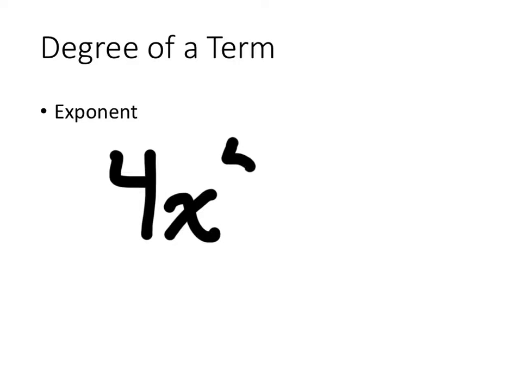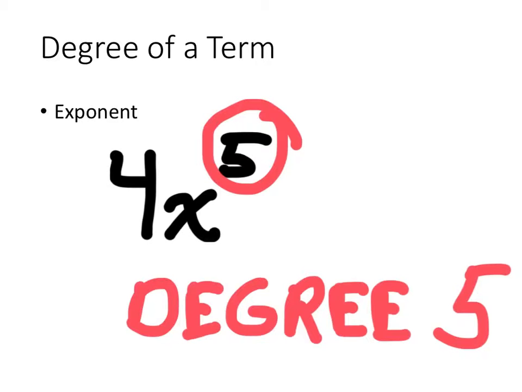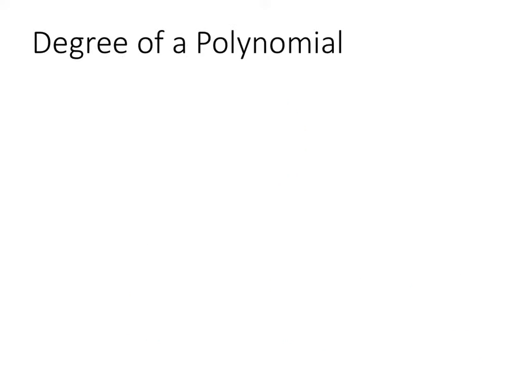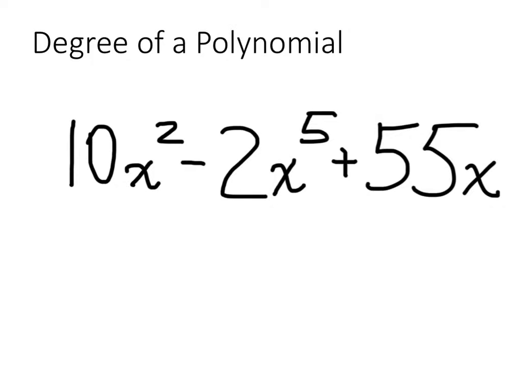The degree of a term is its exponent. For example, the term 4x to the fifth would have a degree of 5. So, let's say we have a polynomial and we want to find its degree. Take this polynomial, 10x squared minus 2x to the fifth plus 55x, for example.